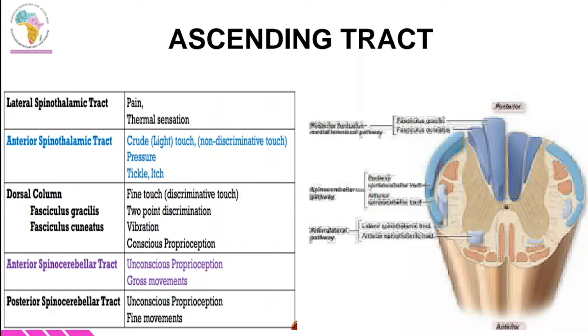All right. So the ascending tract, like I said, tends to send sensory information from the spinal cord to the brain. It is further divided, starting from the posterior aspect to the anterior aspect.